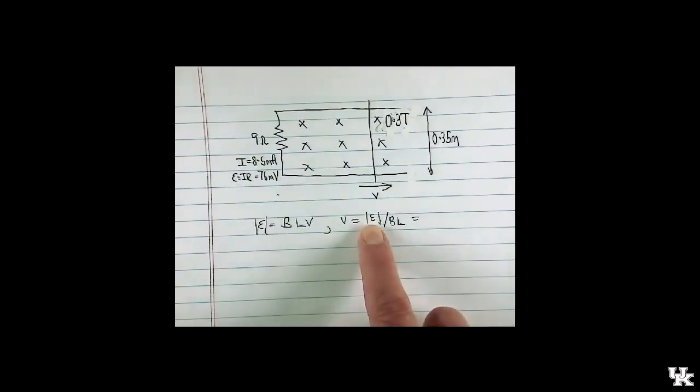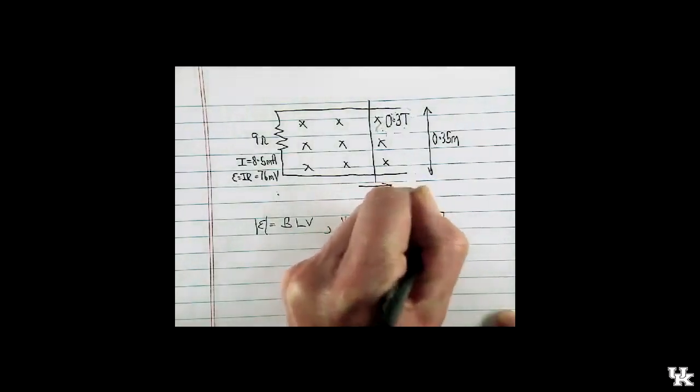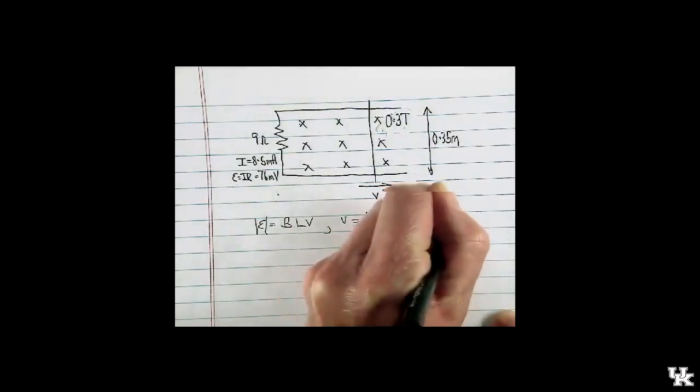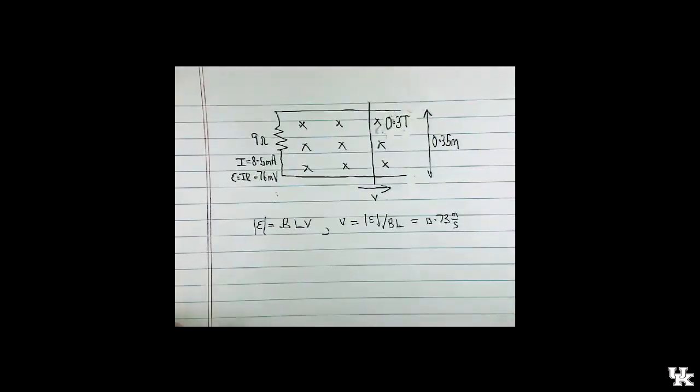So I've got a 0.076 volt induced EMF. I've got a magnetic field that's 0.3 Teslas, and I've got a length of the rod that's 0.35 meters. So if I plug them all in my SI units, I calculated 0.73 meters per second. So about 3/4 of a meter per second. So that wasn't too bad.